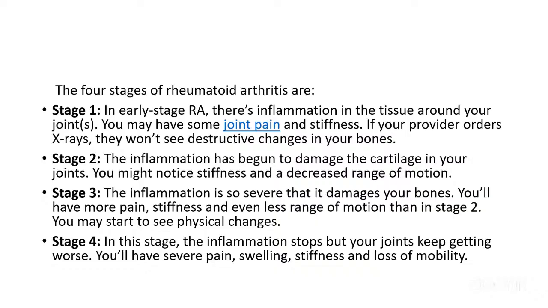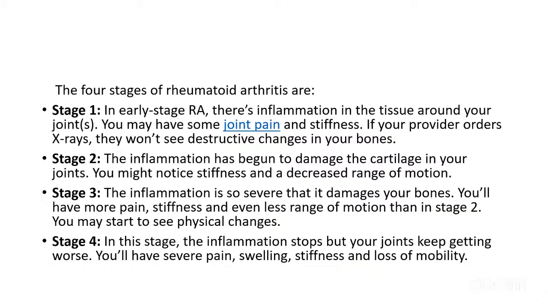First stage, don't forget, some joint pain and stiffness. Second stage, more stiffness and decreased range of motion. The third stage, you have extreme pain, more stiffness, and the motion becomes less than in stage 2.